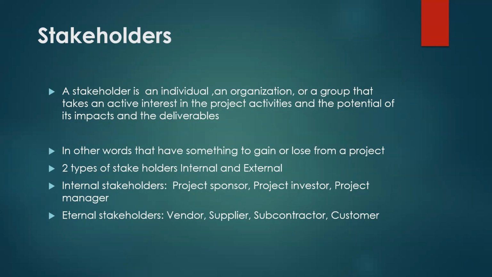But in the world of project management, you have basically two types of stakeholders. You have internal stakeholders. The internal stakeholders are basically the project sponsor, the project investor, and the project manager. You have external stakeholders. External stakeholders are usually the vendors, suppliers, subcontractors, and the customer. But as you see, both the internal and external stakeholders have invested time into the actual company.